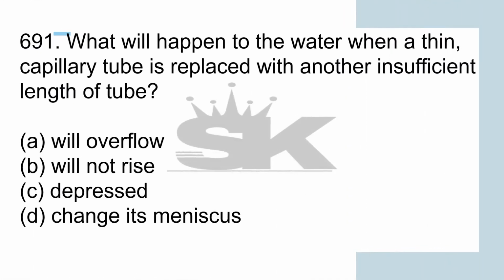What will happen to the water when a thin capillary tube is replaced with another tube of insufficient length? In capillary tubes liquid flows against gravity and continuously rises in the narrow space, but it is not so in any other tube of insufficient length. So the answer is it will not rise.